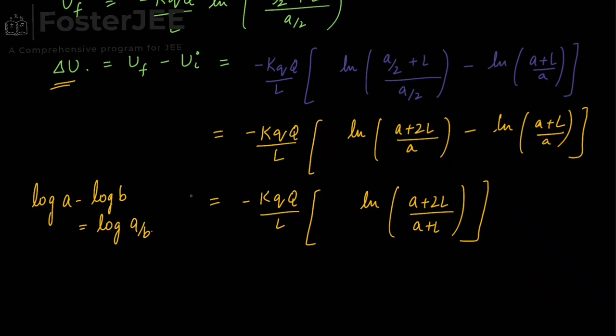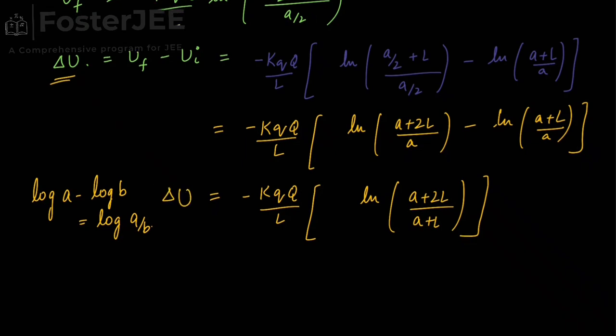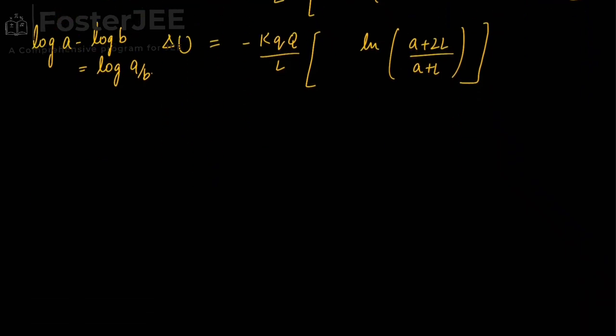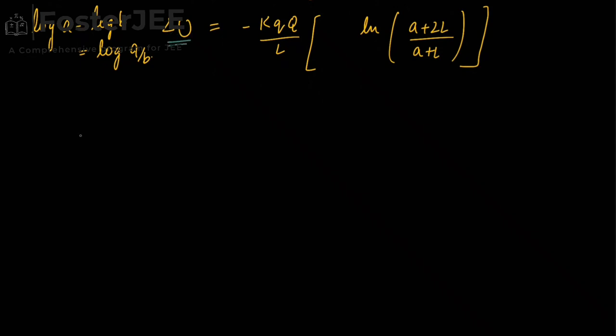Now we have calculated the change in potential energy as this. By the definition of potential energy we know work done will be the negative of the change in potential energy, that is negative of this. So simply this negative term will wipe off.